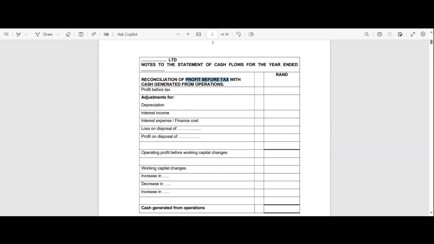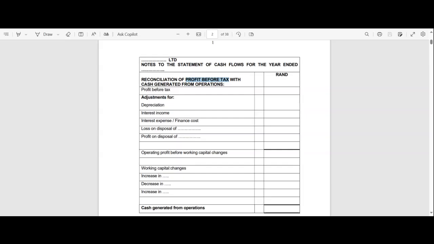We'll also discuss next time why profit before tax and why not profit for the year, but that's for next time. So we know that this is a figure that we find on the face of our statement of comprehensive income. In addition to that, we also know that the statement of comprehensive income was drawn up by applying the accrual system.